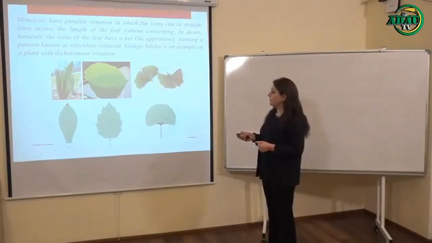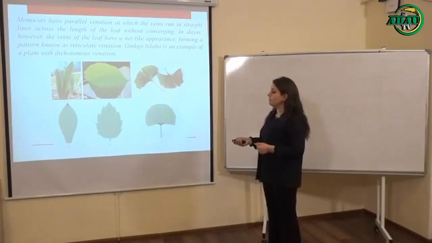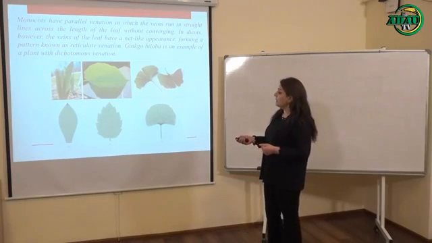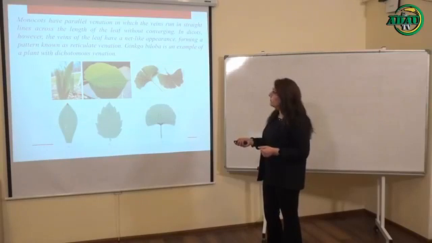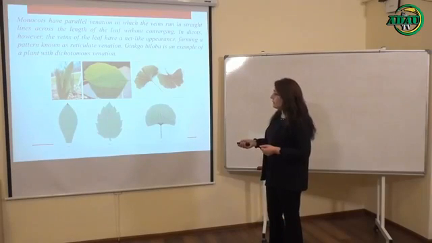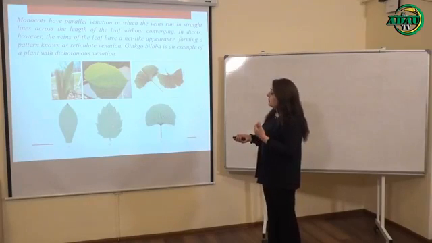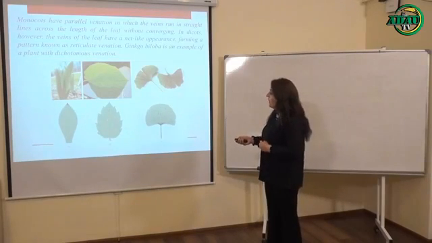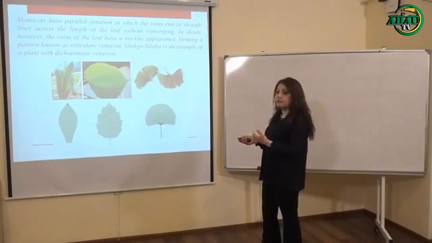In parallel leaf venation, the veins run in straight lines across the length of the leaf without converging. In dicots, the veins of the leaf have a net-like appearance, forming a pattern known as reticulate venation.